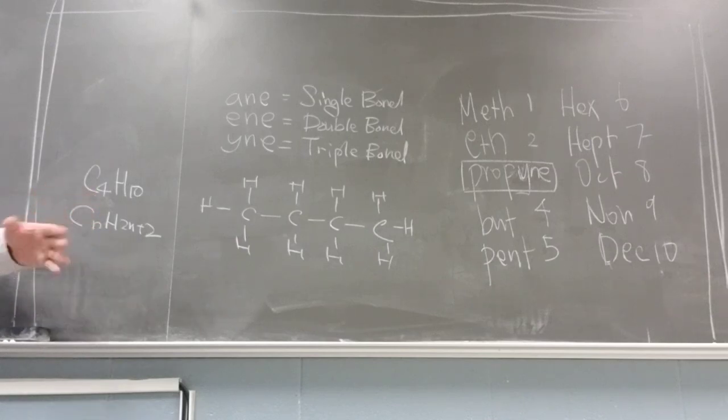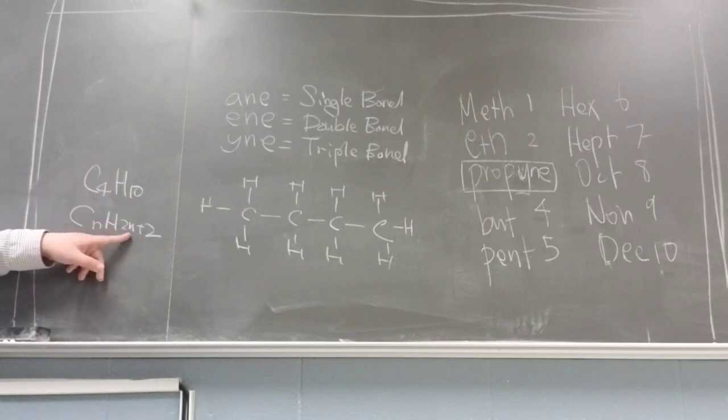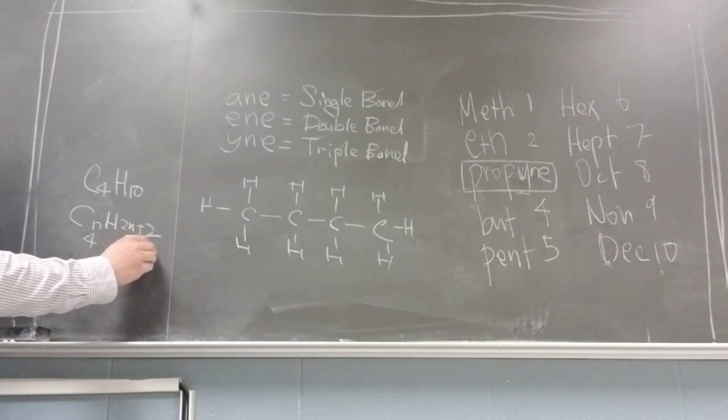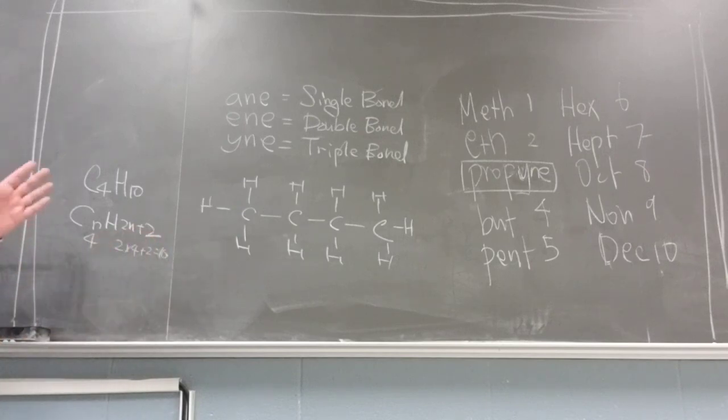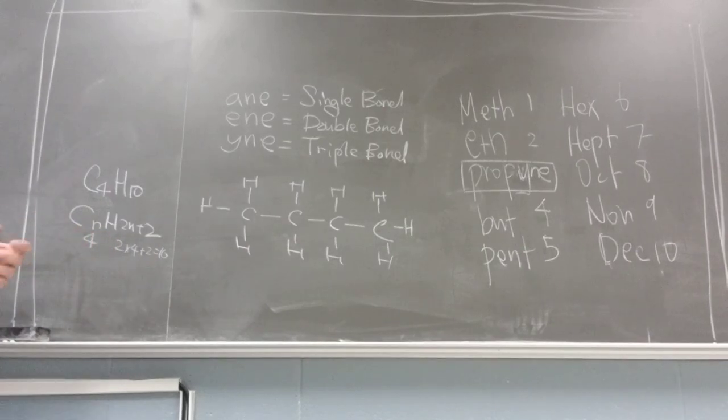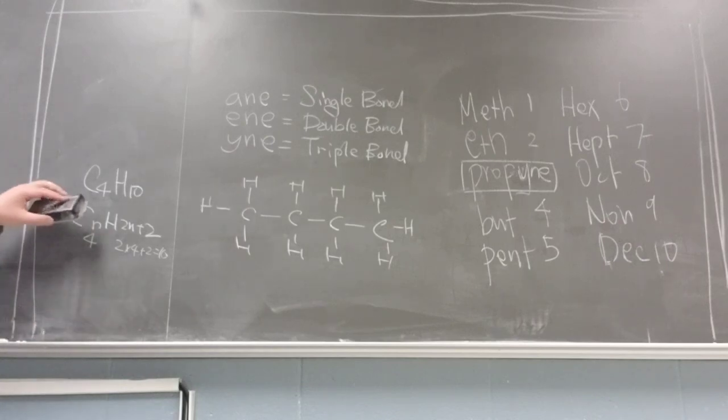Then automatically, if they're all single bonded, the hydrogens will be just 2n plus 2, meaning 2 times 4 plus 2, that makes 10. So I don't even have to count the number of hydrogens if I just remember this, CnH2n+2.